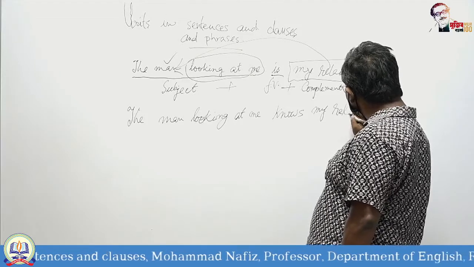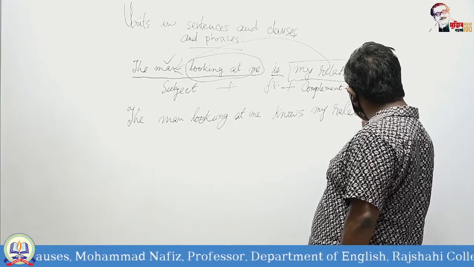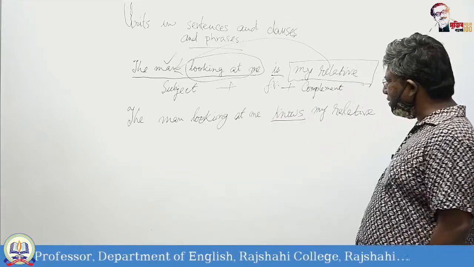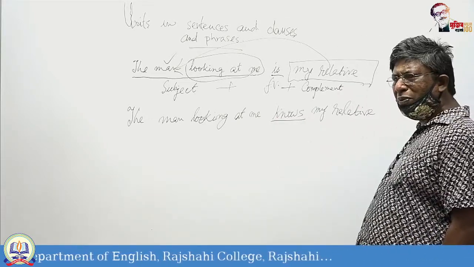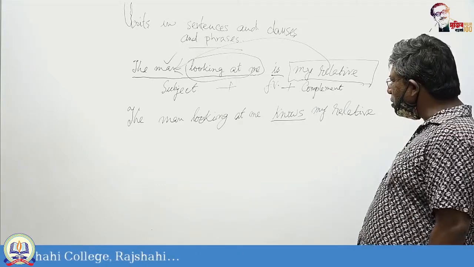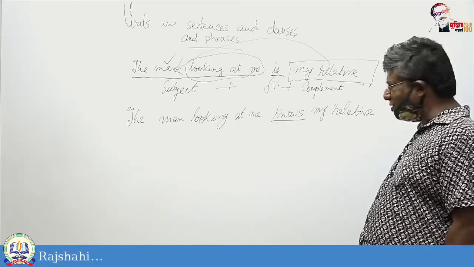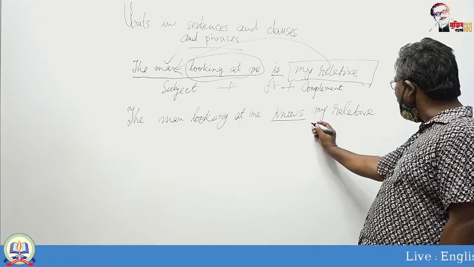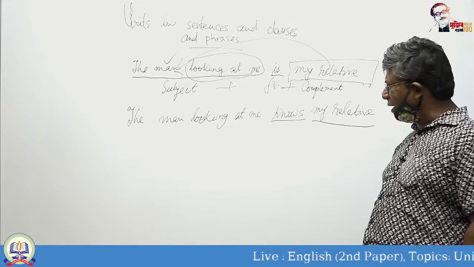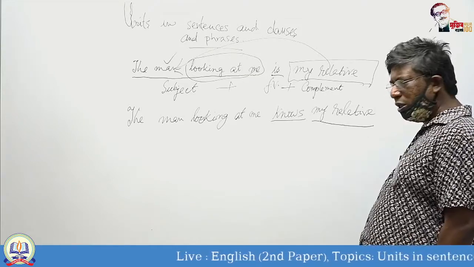Look, I have changed only the verb of the previous sentence and I have used the verb knows. As a result, not only the meaning of this sentence is changed, but also the identity of my relatives, the identity of the phrase my relatives is also changed.